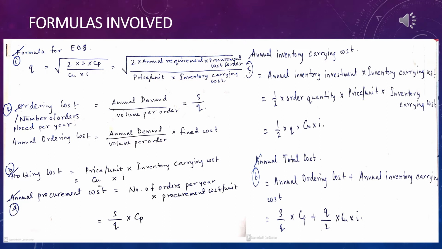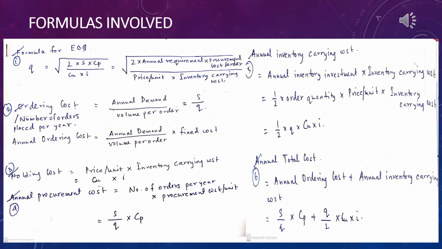I'm again repeating how to calculate EOQ. If EOQ is the minimum point, then the ordering cost at that point becomes equal to the inventory carrying cost.